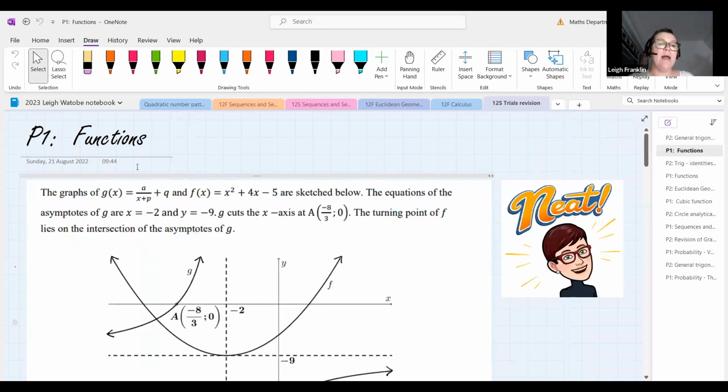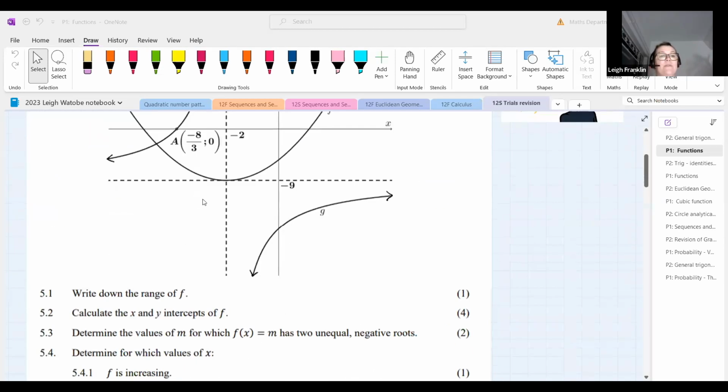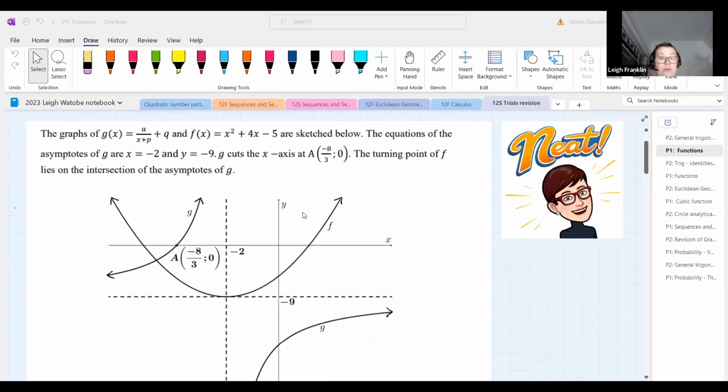All right, let's go back here. So what sort of graph are they implying g of x is? If they give us a over x plus p plus q, what sort of function is it? It's a hyperbola. Exactly. Good. Well done. And f of x is a parabola, a quadratic function, and they've given us the equation of f of x. The equations of the asymptotes of g are x equals -2, which is the vertical asymptote, and y equals -9, which is the horizontal asymptote.